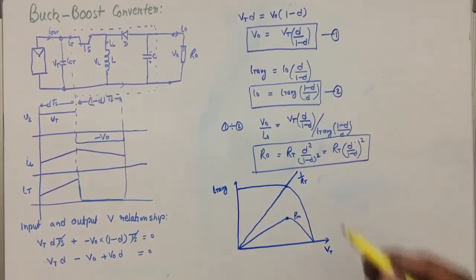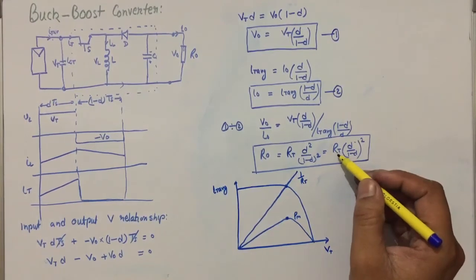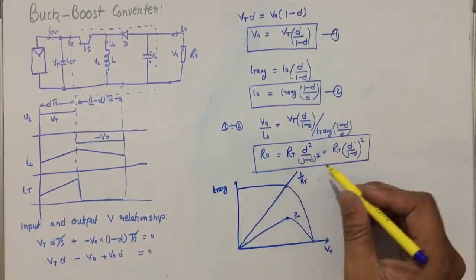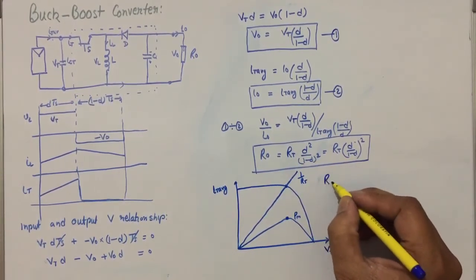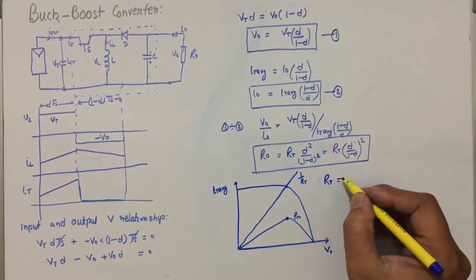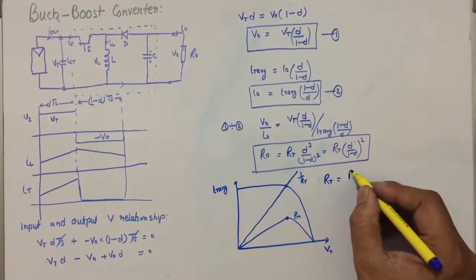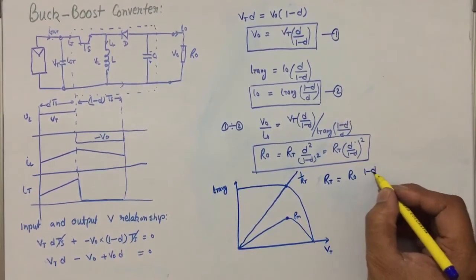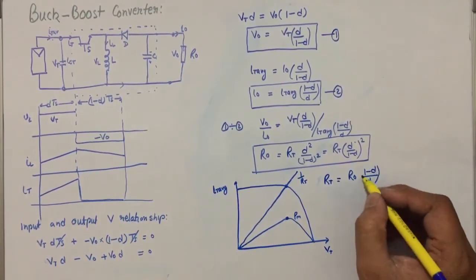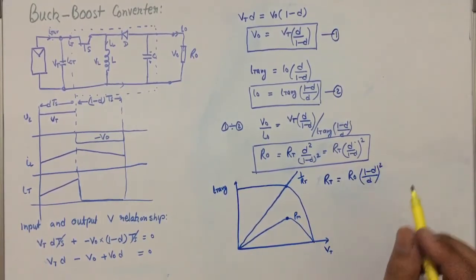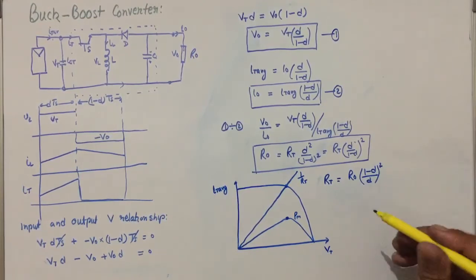As the terminal voltage is required to be regulated irrespective of the load resistance, RT will be equal to R naught times 1 minus D squared divided by D squared.